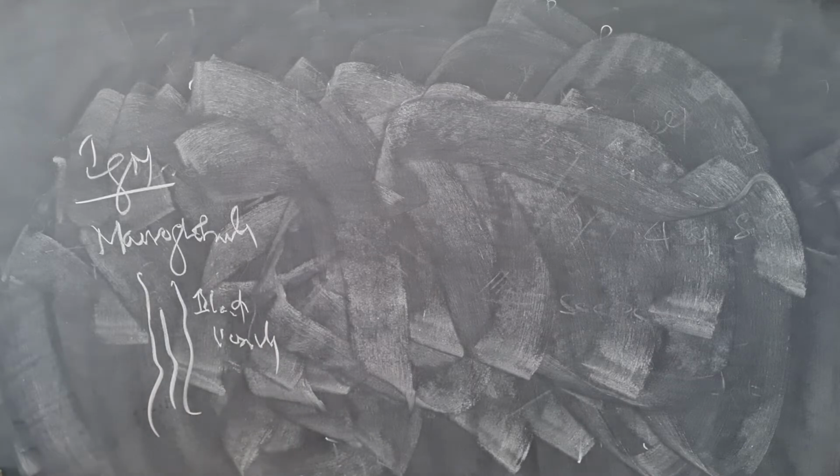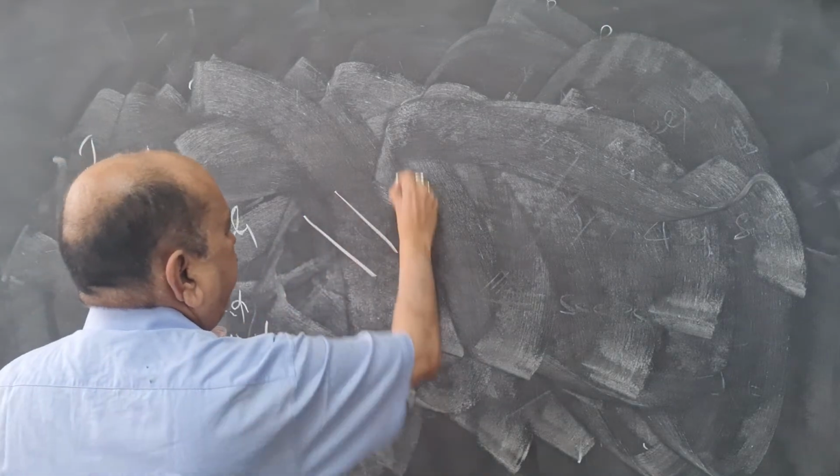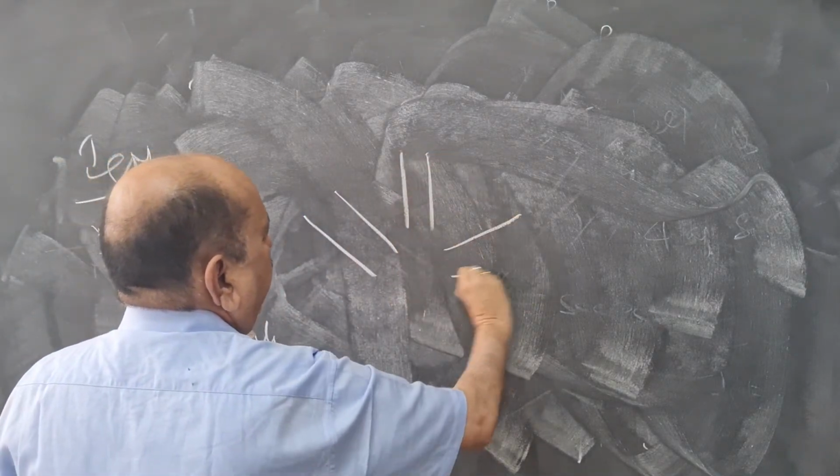IgG is about 90% and IgM is about 10%. It is called macroglobulin and it has 5 molecules of IgG.